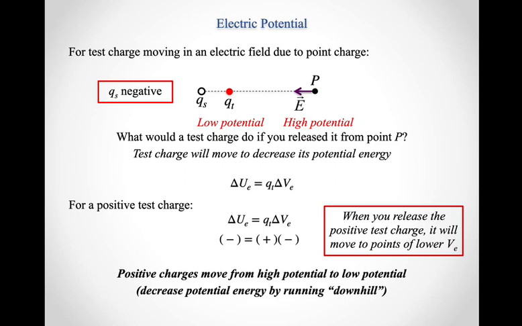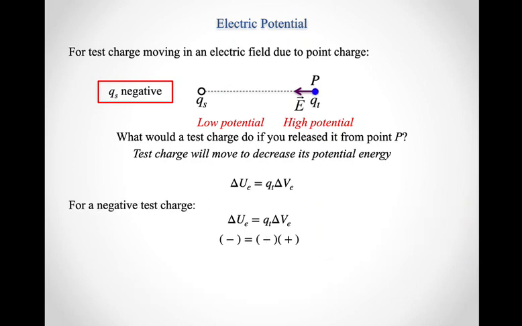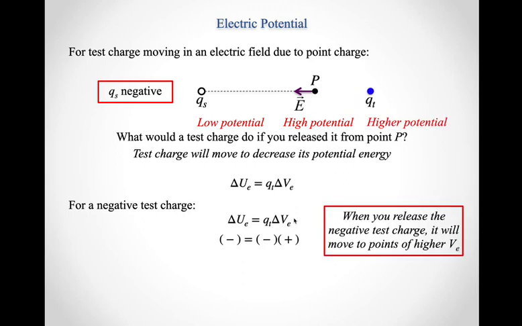That was true for a positive test charge. What if our test charge is negative? Well, again, I know if I let it go, it's still going to move to decrease its electric potential energy. Q is now negative, which means my delta V term has to be positive. So again, that tells me that when I release a negative test charge, it's going to move to points of higher electric potential.